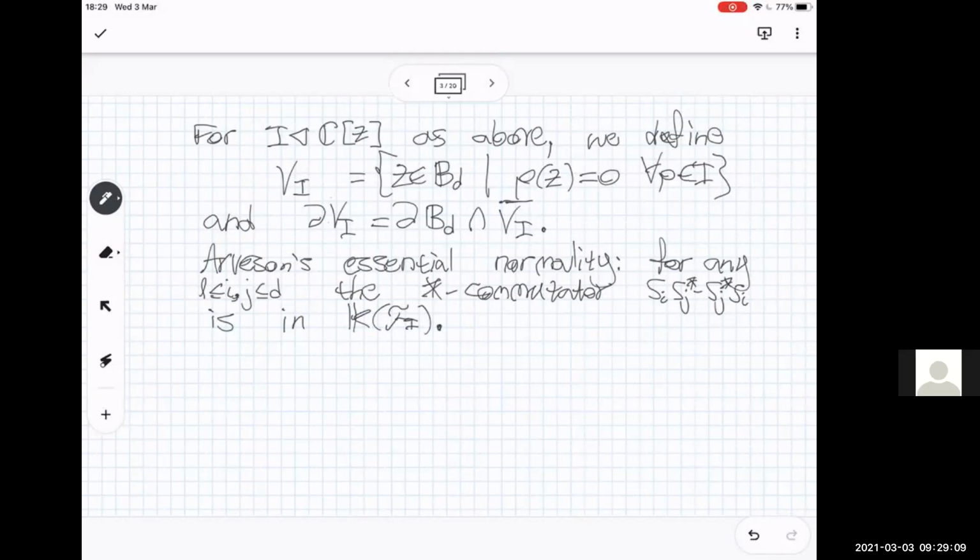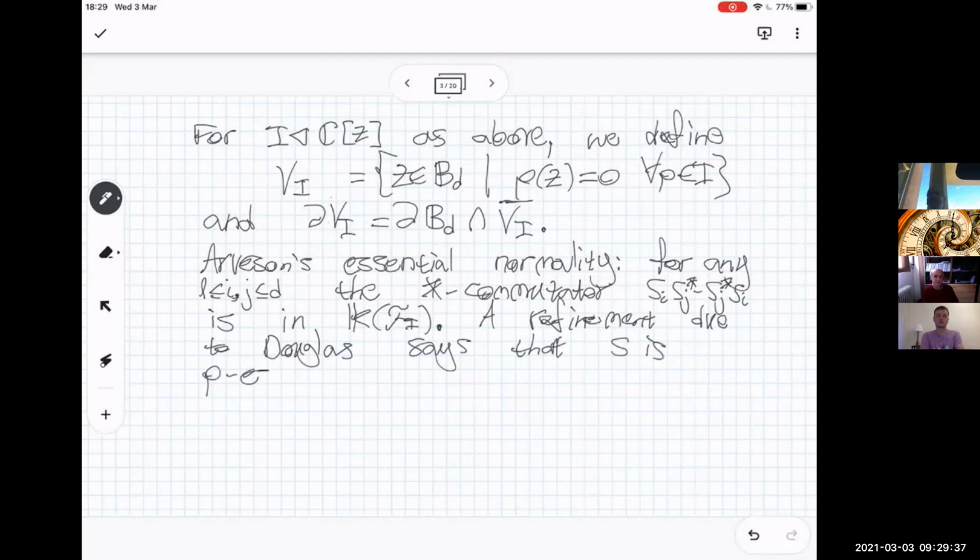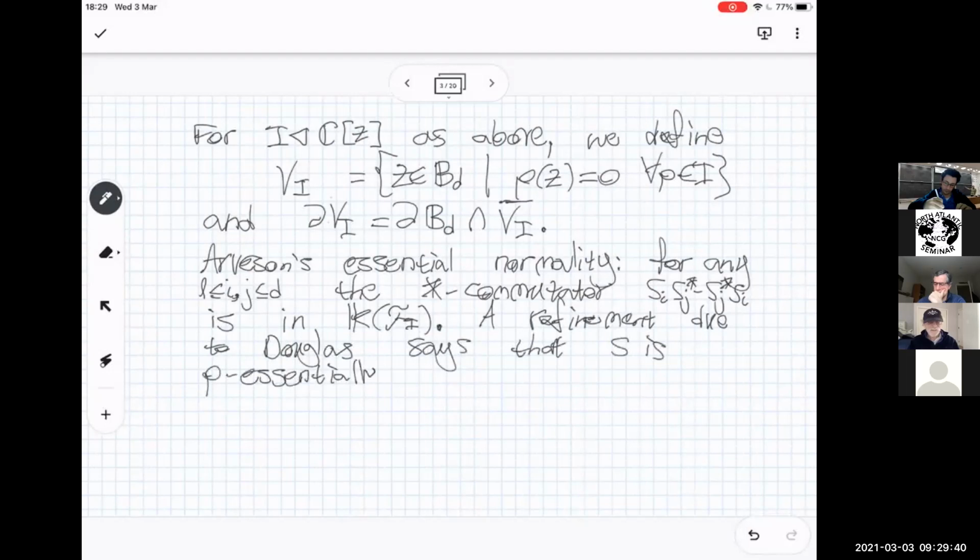And then I should probably mention a refinement due to Douglas, which says that S is p-essentially normal, in the following sense, that S_i S_j^* minus S_j^* S_i is in the Schatten p class, where p is greater than the dimension of the variety.